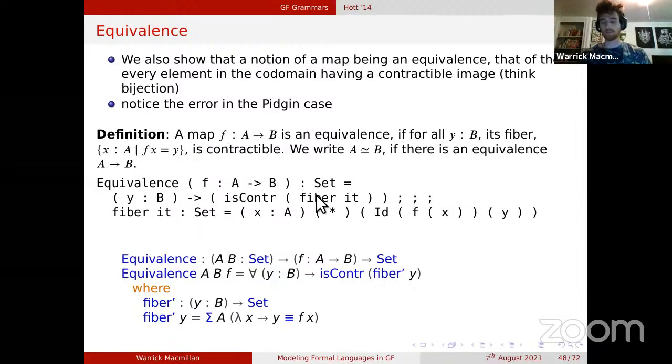So again, equivalence is just a predicate. And this is the AGDA code versus the pigeon wannabe AGDA code. But you can see that how Arne dealt with it, meaning the anaphoric "its fiber", isn't able to be simply resolved.